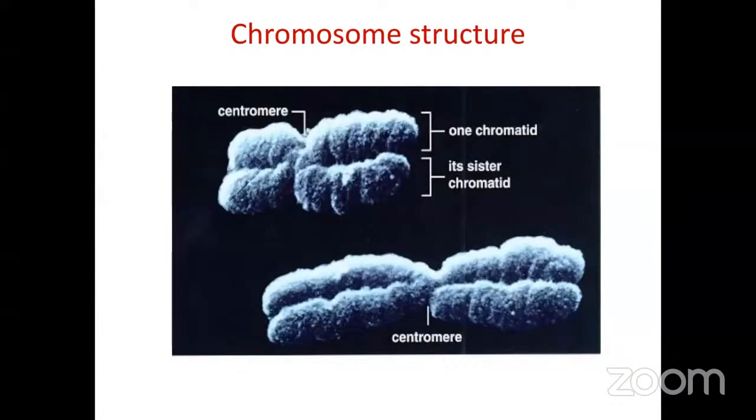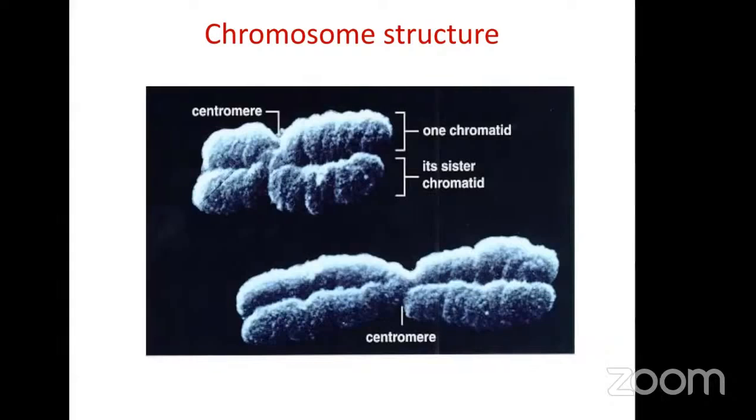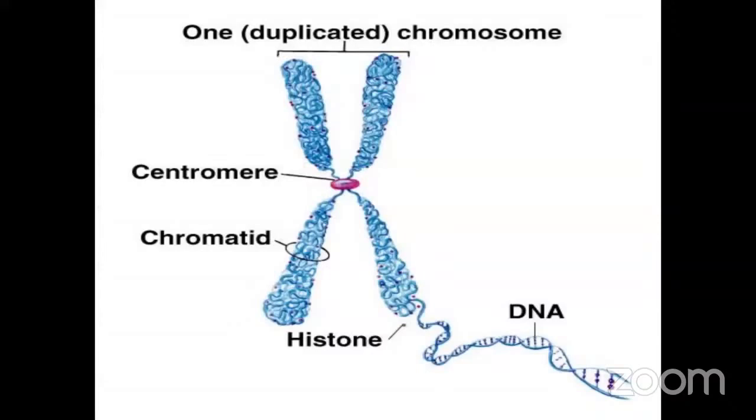Two sister chromatids are joined together at one point, the centromere, and during anaphase the two different chromatids are separated to opposite poles.